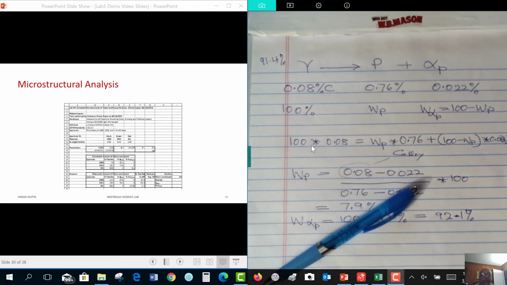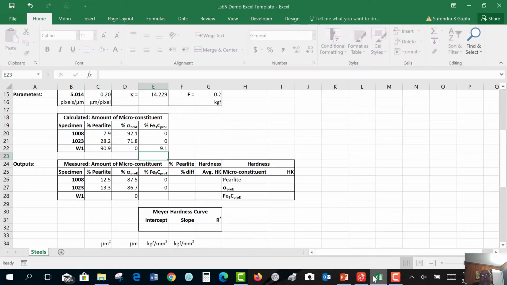Okay, folks, so we have done the microstructural analysis. We just calculated that for W1, it was 91.4%. So that means the pro-eutectoid component, cementite, would be 100 minus 91.4.